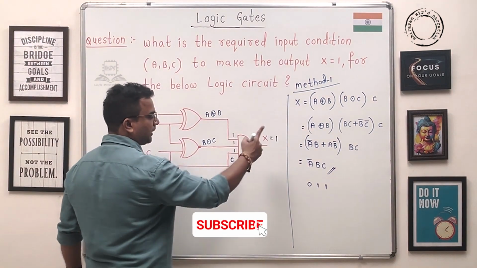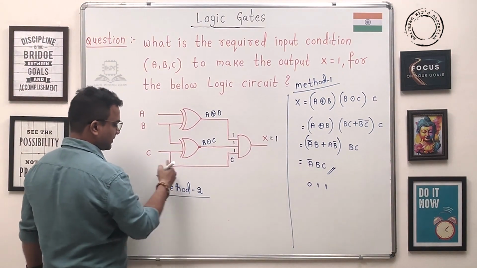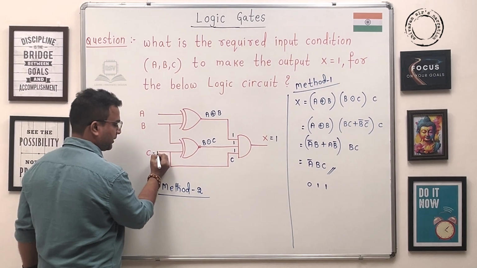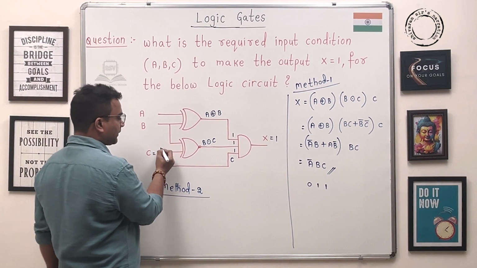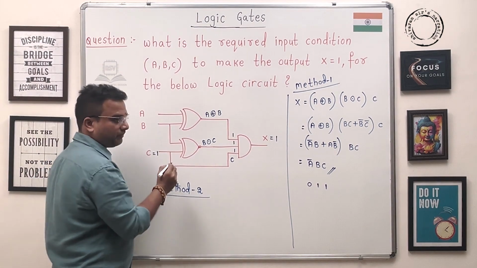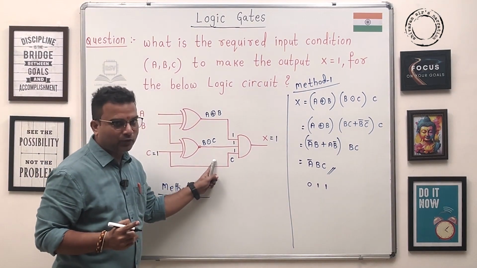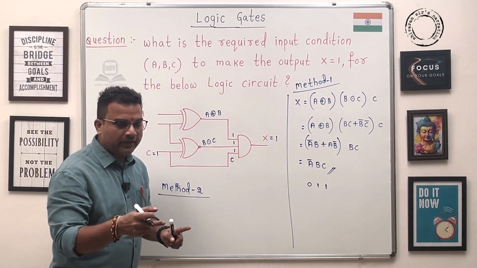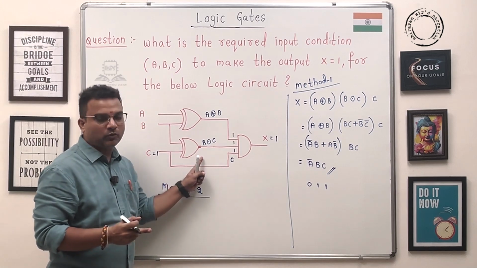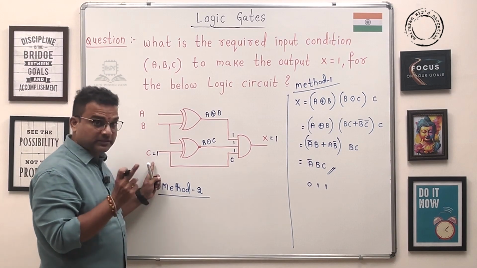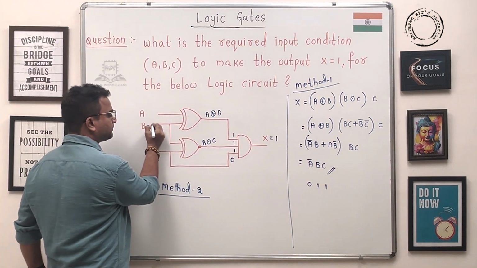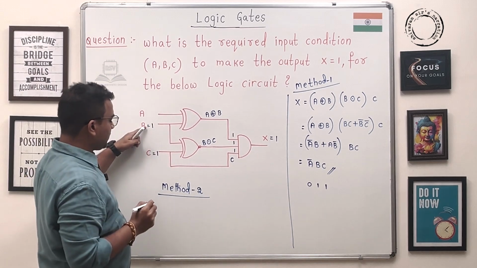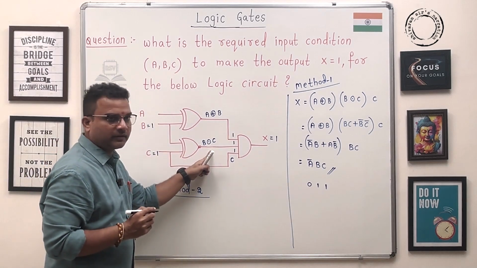Then only I will get 1. So C is 1. For this XNOR gate, only when the input combinations are the same will the output be 1. For the 0, 0 combination or the 1, 1 combination, you will get the output as 1. But here C must be 1, then obviously B must be 1. Then only B XNOR C will be 1.